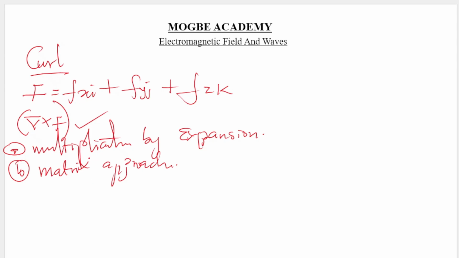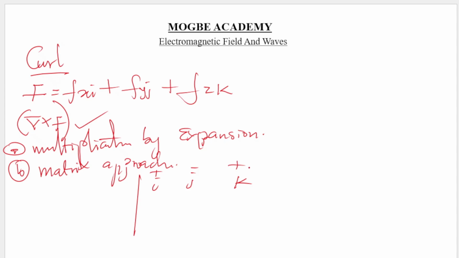Are we together? Now, if you want to apply this in our matrix method, the first thing is to pick out your components and represent them in a row, such that you simply have i, j, and k. Now the next thing is to assign your symbols, which will simply give you plus, minus, and plus. That's what you do.